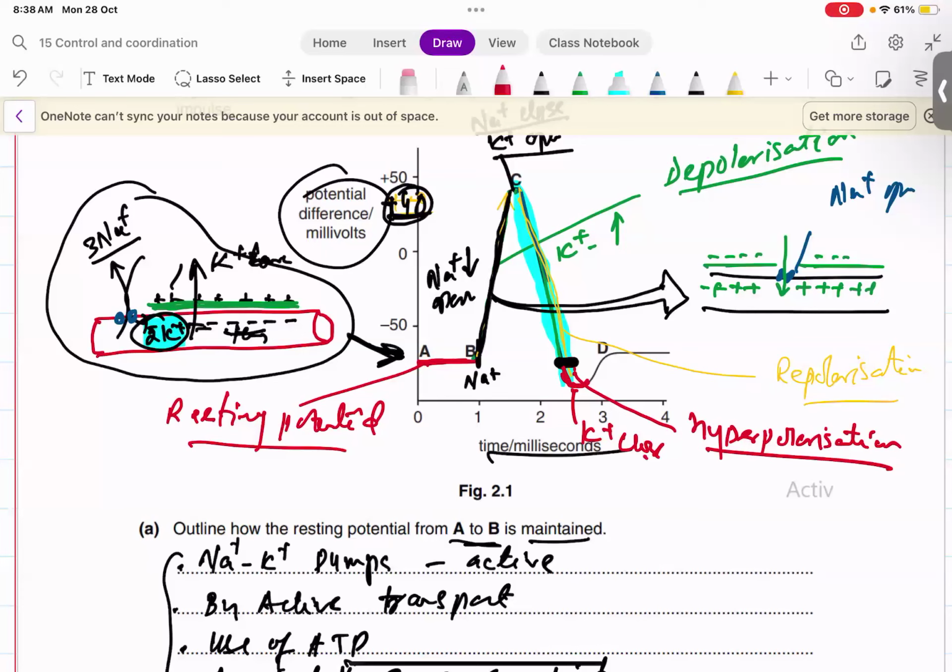And sodium leaks in, and that returns it back up. Then sodium potassium pumps become active again and this potential difference is maintained at minus 70. So this is the resting potential achieved again. Hope you have understood it.